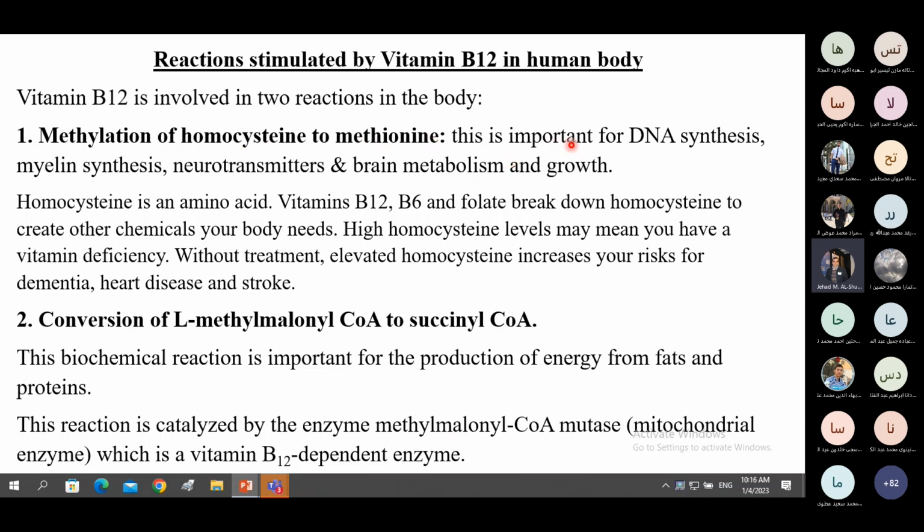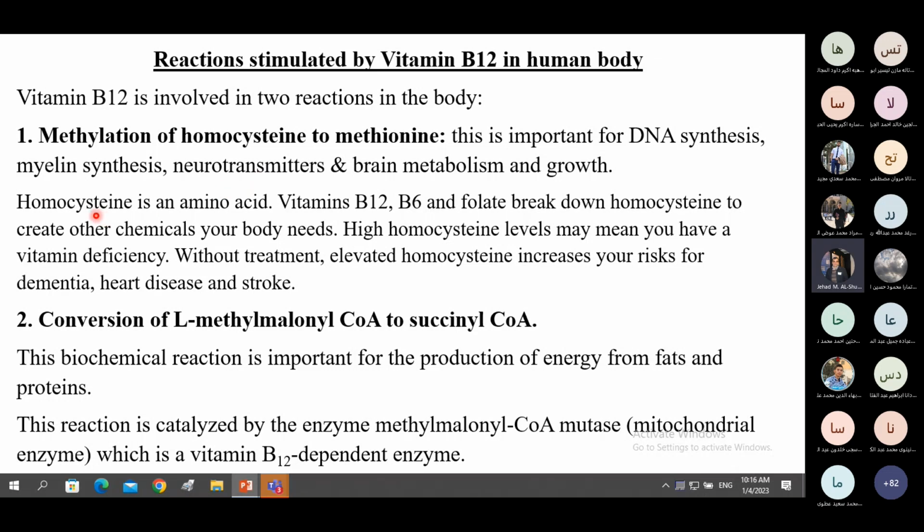This is very important for DNA synthesis, for myelin synthesis in the neurons, for neurotransmitters that transport the action potential between the neurons, and also for brain metabolism and growth. So B12 is very important for methylation of homocysteine to methionine.